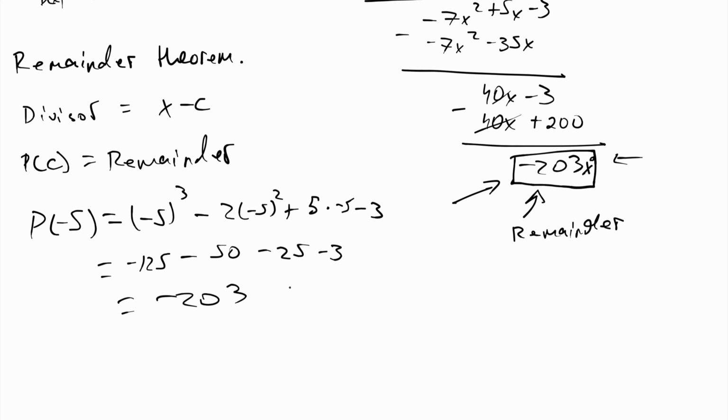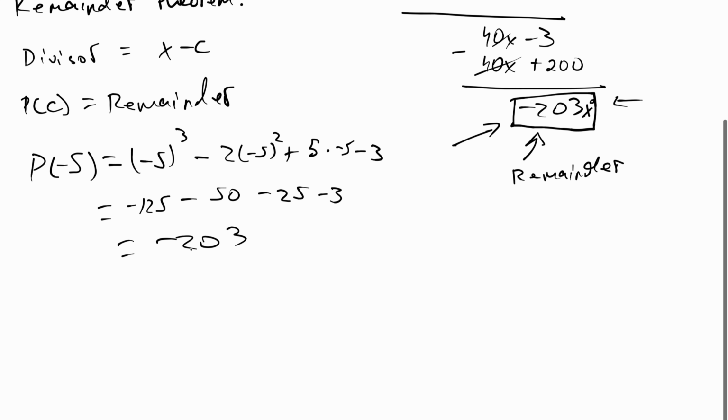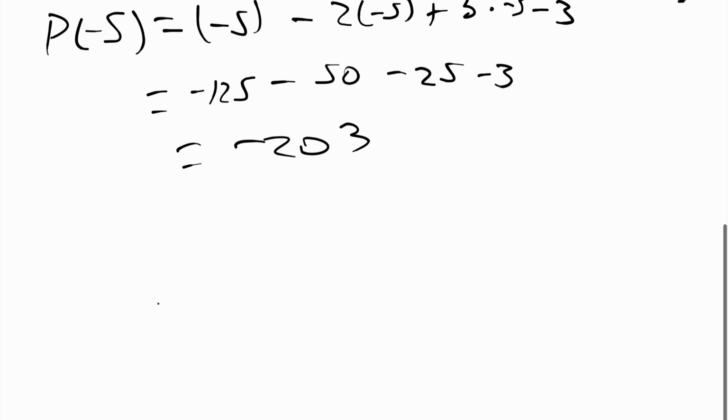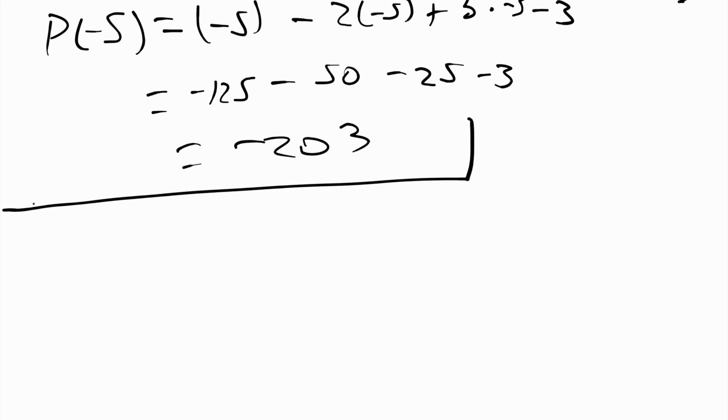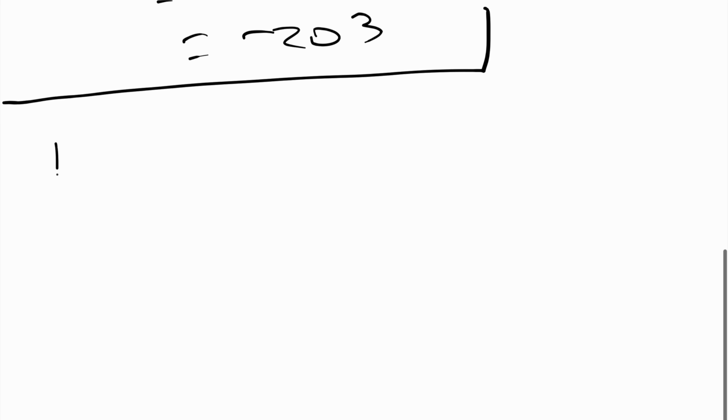So this was simply the remainder theorem, and here's a real proof on why this works and how this works for all numbers. Let's get this up right quick. Okay, so we can represent every polynomial in this form. We can say polynomial P of X equals D of X multiplied by the quotient plus the remainder, okay?